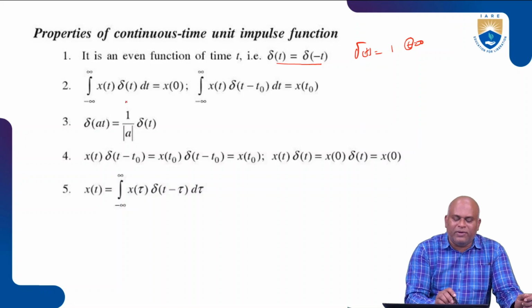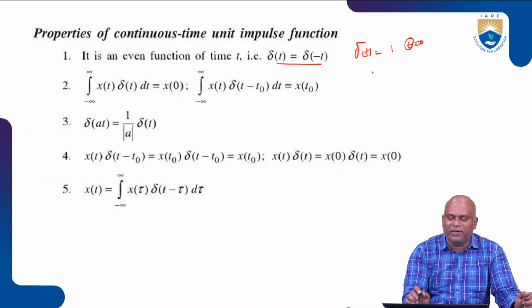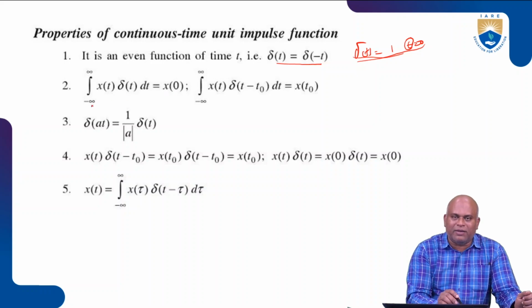Then if you do the convolution of x of t and delta of t, with respect to dt we get x of 0 only, because delta of t is active only at the position t equal to 0. So I write the integration from minus infinity to plus infinity of x of t delta of t dt is equal to x of 0.